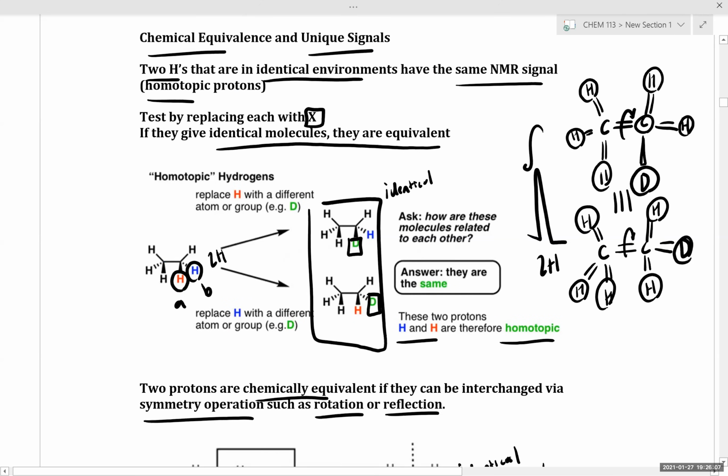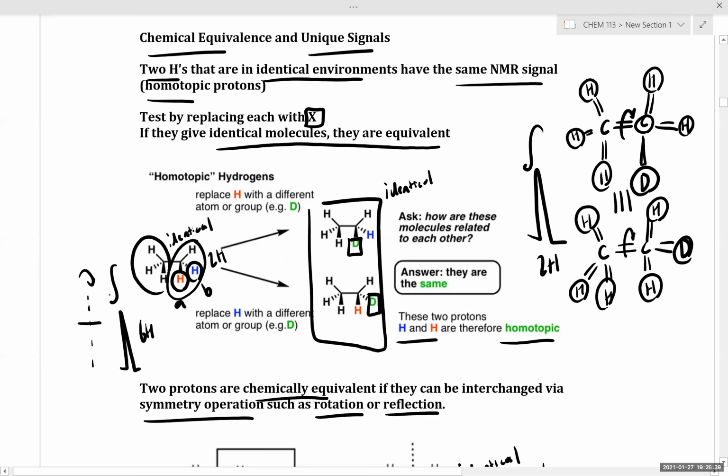So to break it down, all of these 3 hydrogens are identical. They're chemically equivalent. And we can take this one step further in that all 6 of these hydrogens are identical via symmetry, since the structure has an axis of symmetry. It's interchangeable via rotation, so you'd see one giant signal that integrates for 6 hydrogens.